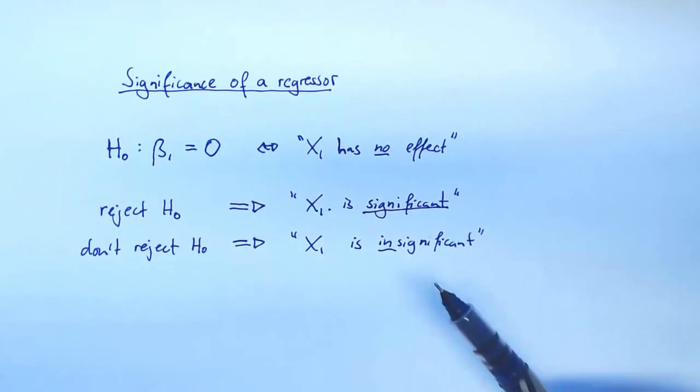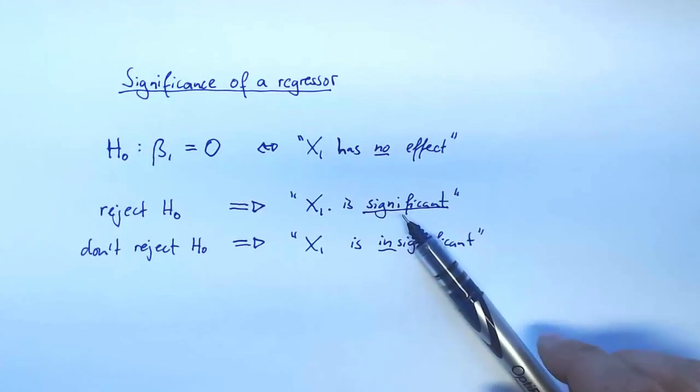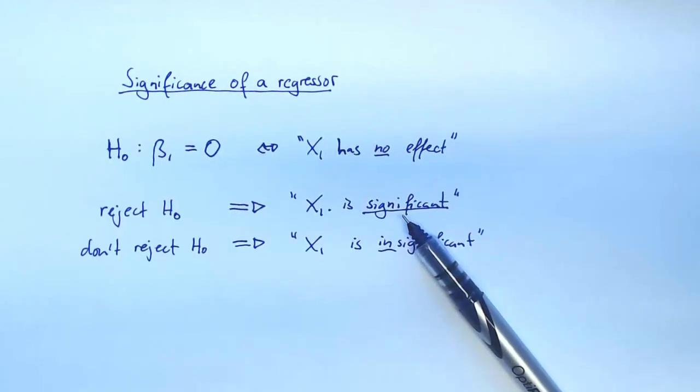First off, suppose that you've shown that x1 is significant. In our everyday speech, we use the word significant in a certain way, in particular, we take it to mean that something is substantial, has a substantial impact. For example, if I tell you that how much you study for the exam has a significant impact on your grade, then what you hear is that your choice of how much you study substantially impacts your grade.